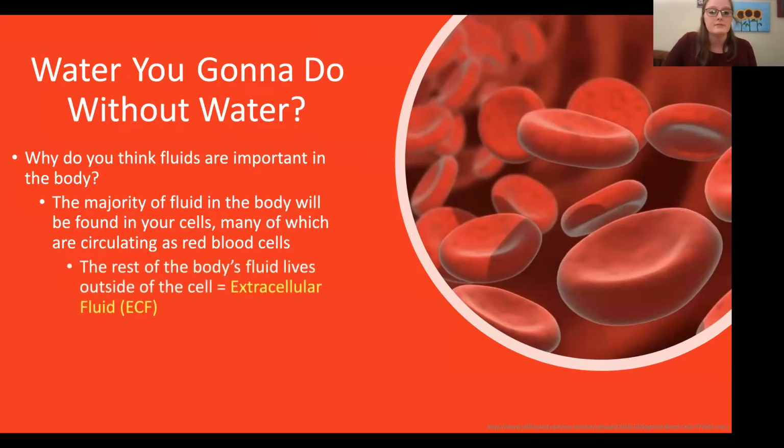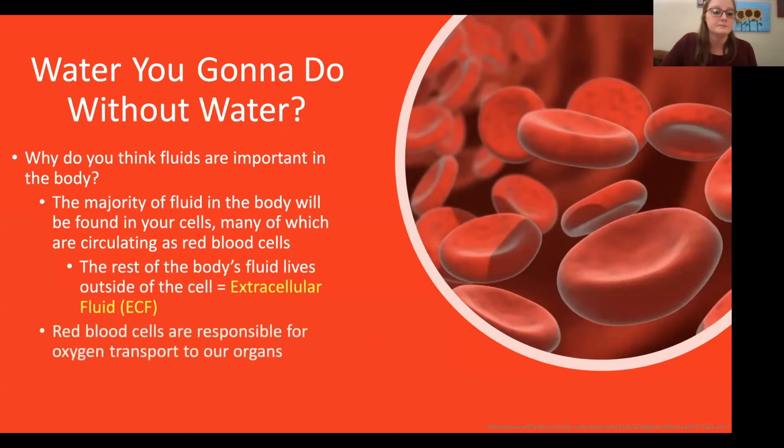So the rest of the fluid in the body, if it's not in a cell, is existing in what we call the extracellular fluid. So the fluid hanging out around your red blood cells here would be considered extracellular fluid. And then, like I alluded to a little bit earlier, red blood cells are responsible for oxygen transport to our organs.